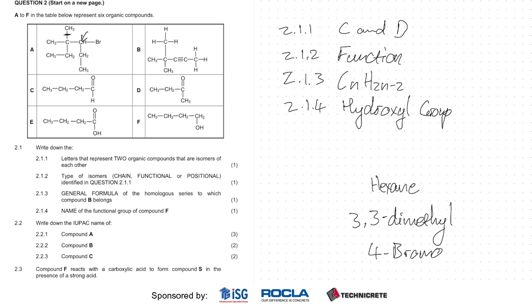So the thing is, what we do is we put it together in alphabetical order. So B before M, and then hexane is our stem. So hexane will go last. So that gives us 4-bromo-3,3-dimethylhexane.